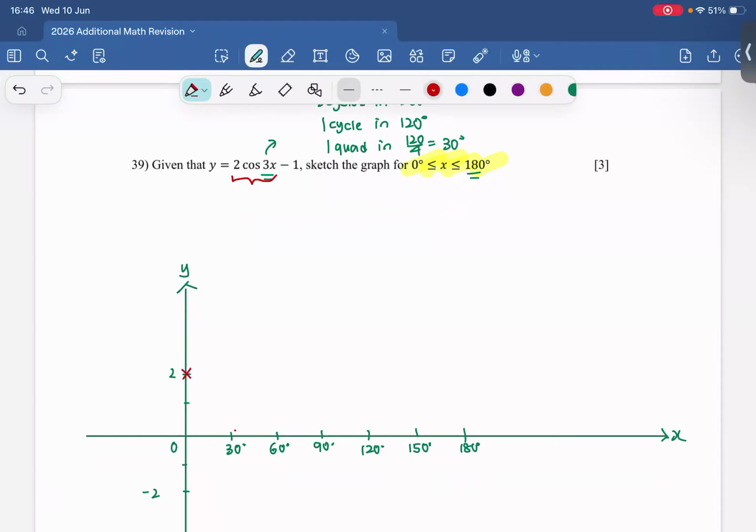After that, it will go to 0, then it will go to the smallest, then go back to 0, then go back to 2. So this is the sequence of your cosine graph. It will look something like that. That is your 2 cosine 3x graph.